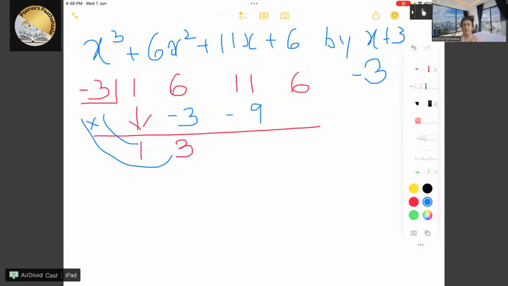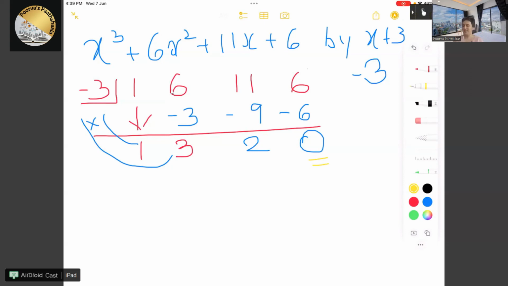And I write it down in the third column, and again I add 11 and minus 9, which gives me 2. And in the last I again multiply minus 3 and 2 to give me a minus 6, and 6 and minus 6 gives me a 0. So after 6, there is no further number or coefficient on the right hand side. So this brings me to the end of the division. Yes, we are done with the division in a matter of few seconds.